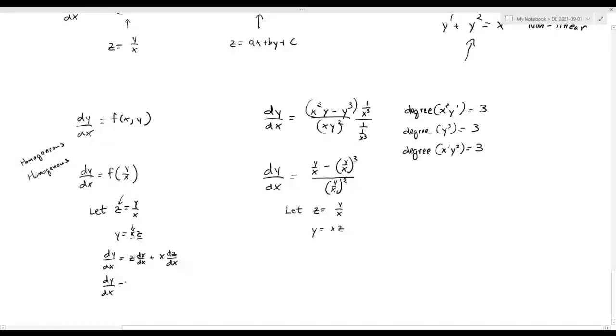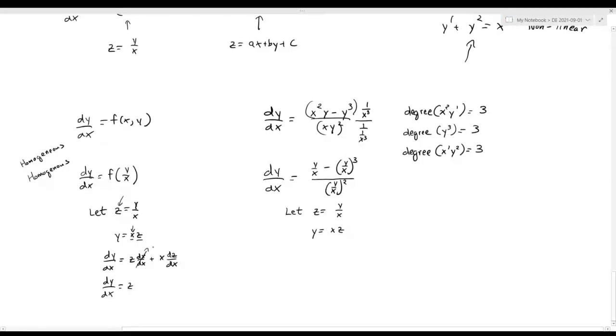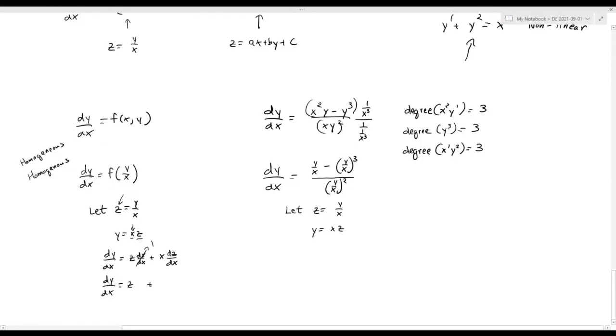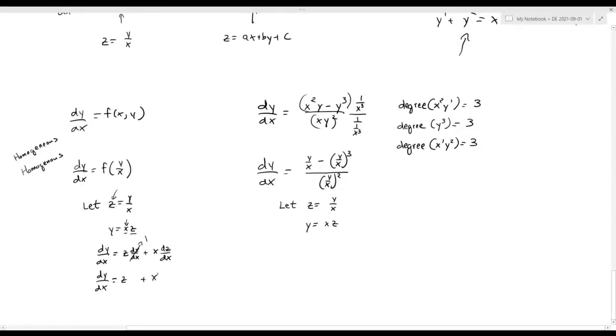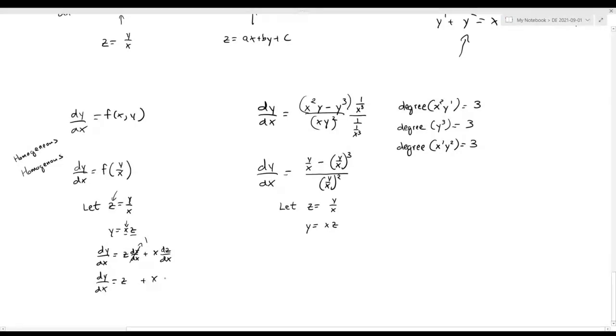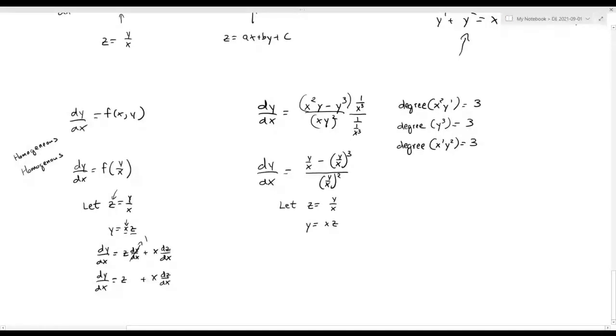Now, we know what the derivative of x with respect to x is. That's just 1. And what about the dz dx? Can we simplify that? No. Because z is an unknown function of x, because y is an unknown function of x. So the best we can do is just leave it like that.